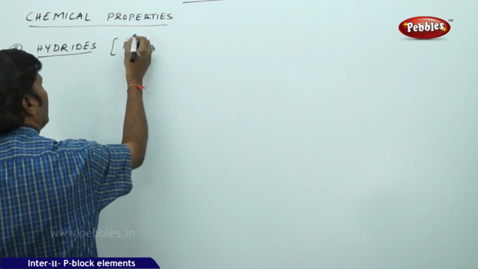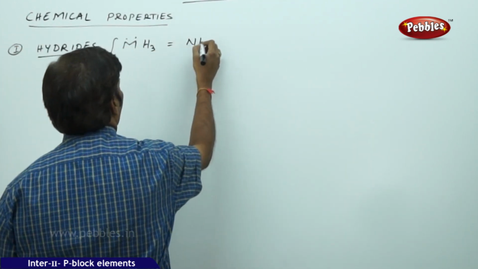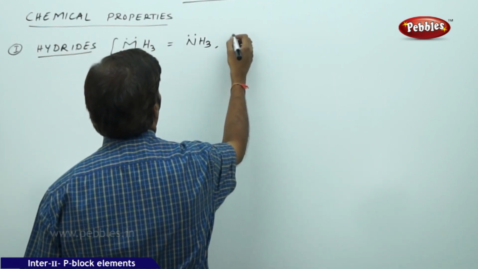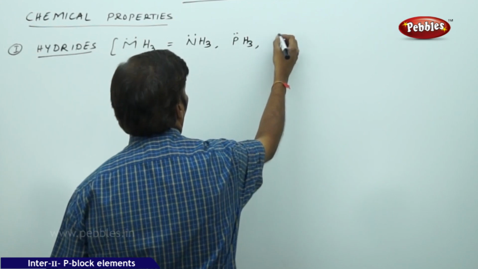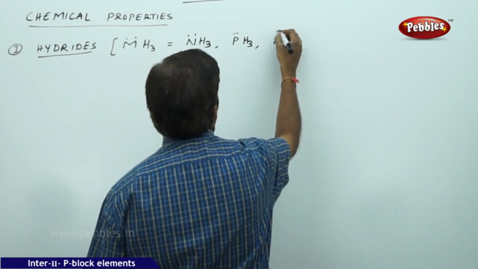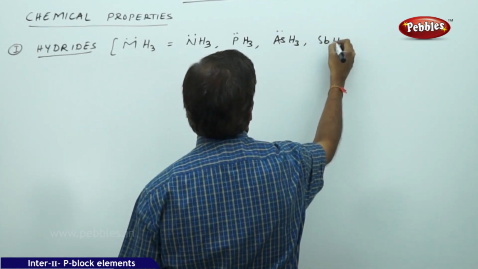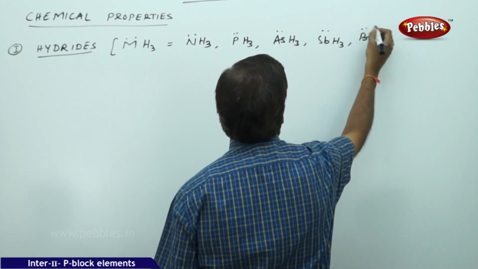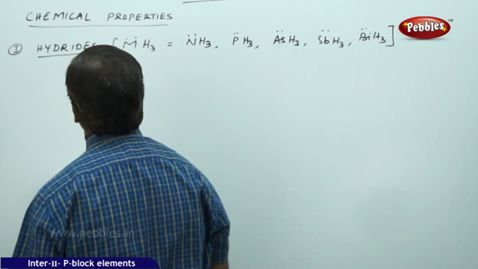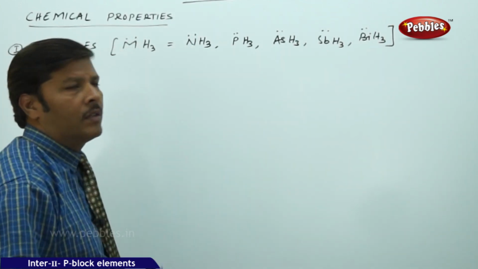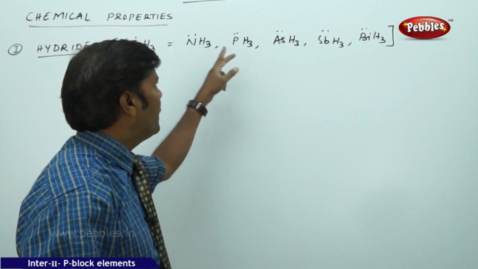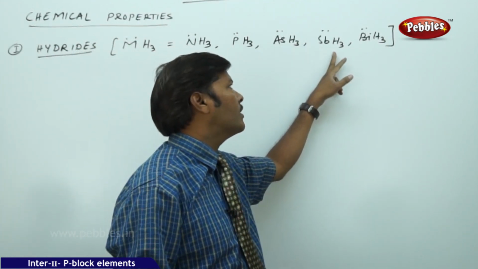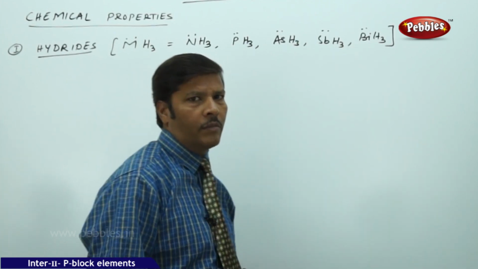So here you can take NH3, PH3, AsH3, SbH3 and BiH3. That means we have the hydrides under the names: NH3 is ammonia, PH3 phosphine, AsH3 arsine, SbH3 stibine, and BiH3 bismuthine.